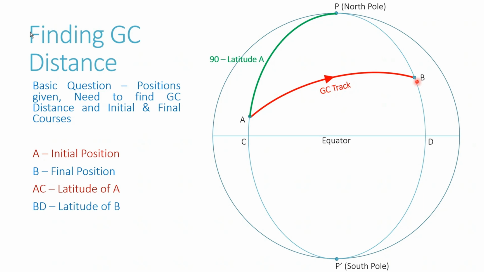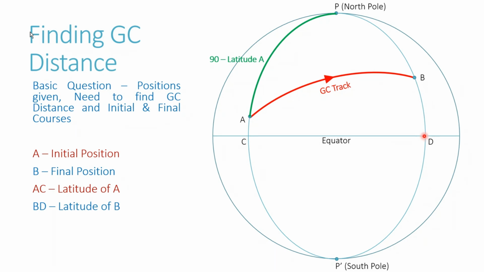Okay, now going by the same principle, Bravo to Delta, B to D, is the arc of the meridian contained between the equator and position B. So again, this is the definition of the latitude. So the arc Bravo to Delta represents the latitude of my final position B. I also know that pole to D, P to D, will be 90 degrees.